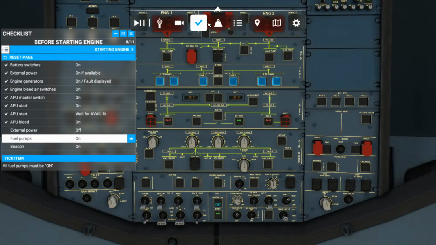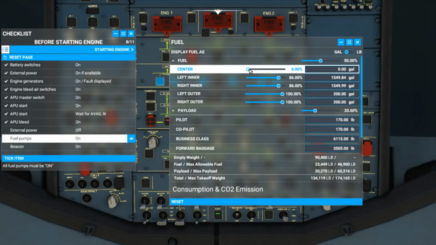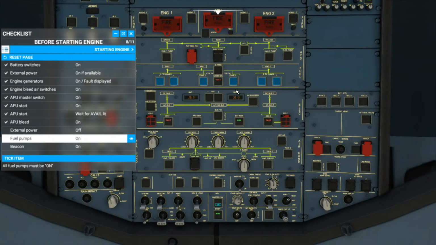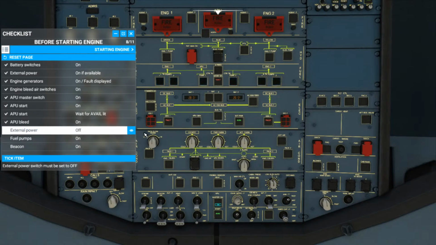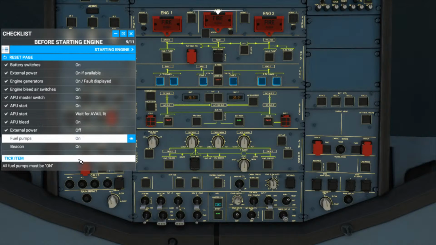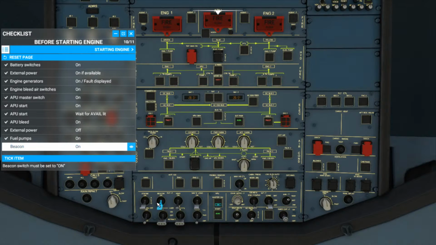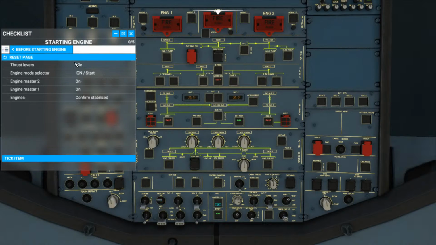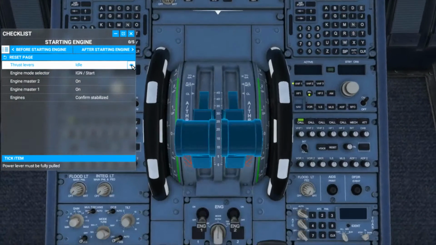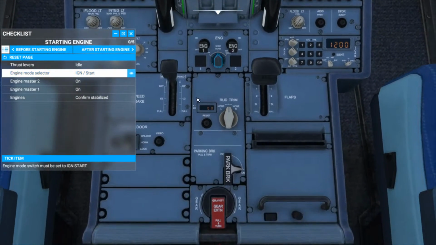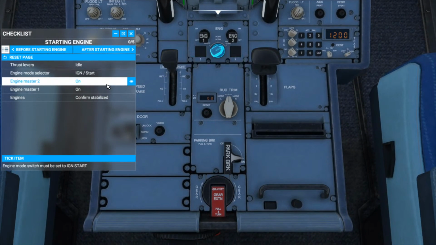The next thing, before you do that, you need to make sure you have fuel, especially the center tank. And this is done. Go to beacon. On. Good. Thrusts are on idle. Engine should be on start.